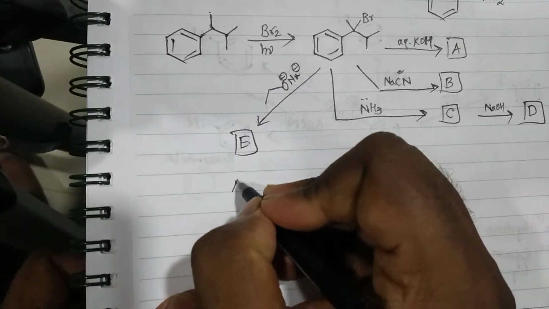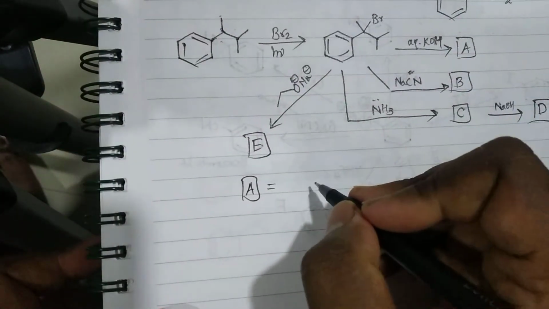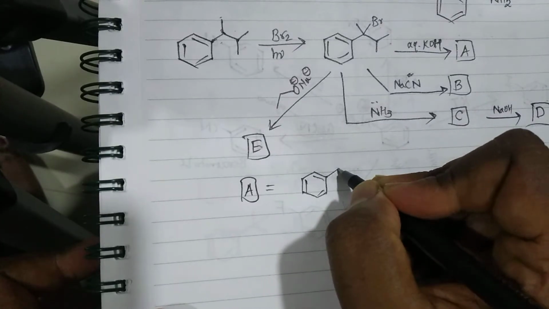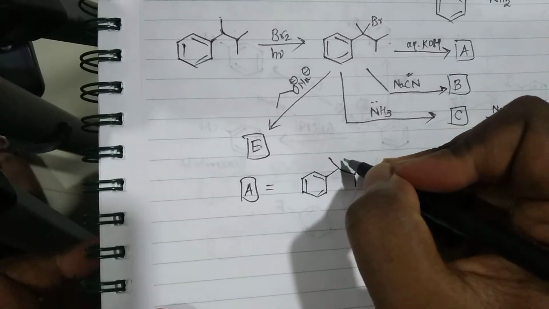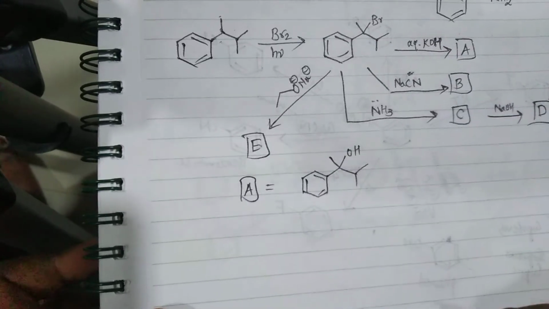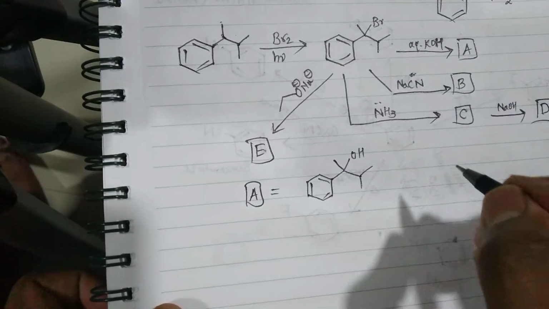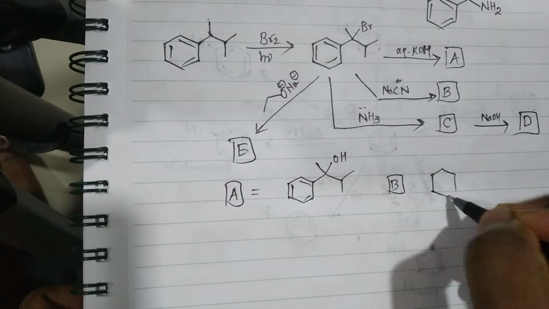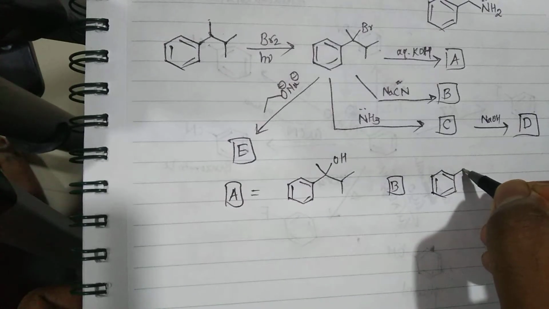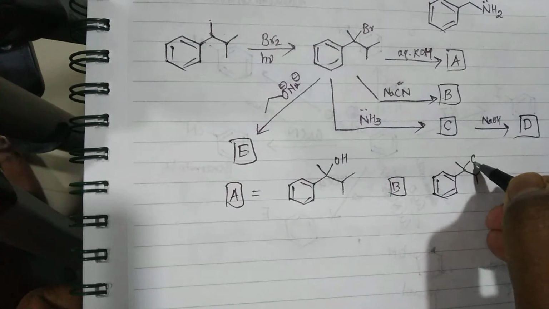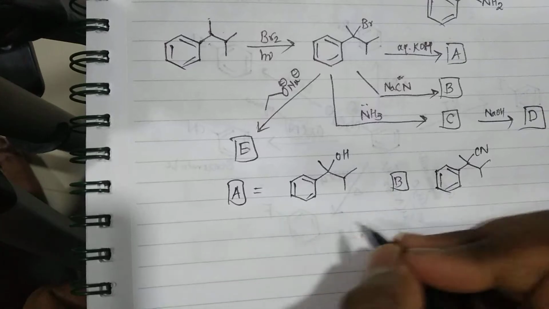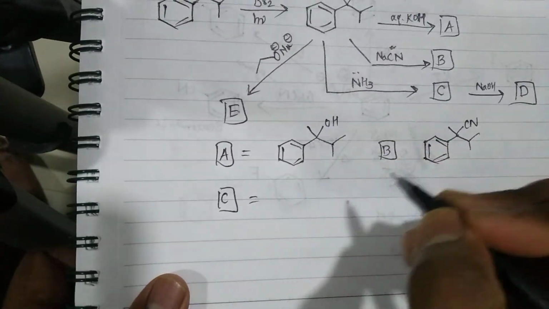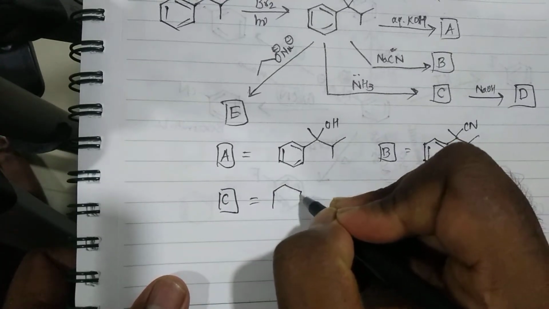So compound A is going to be this one. Okay, this type of a benzyl alcohol. Compound B is going to be this kind of a benzyl nitrile. Okay, compound C will look something like this.